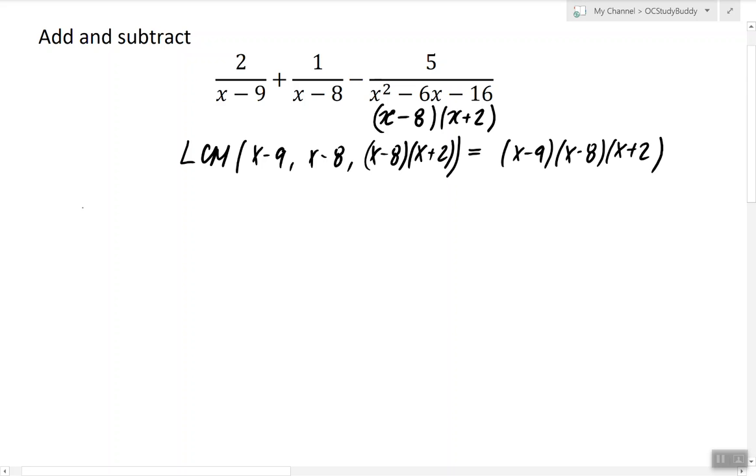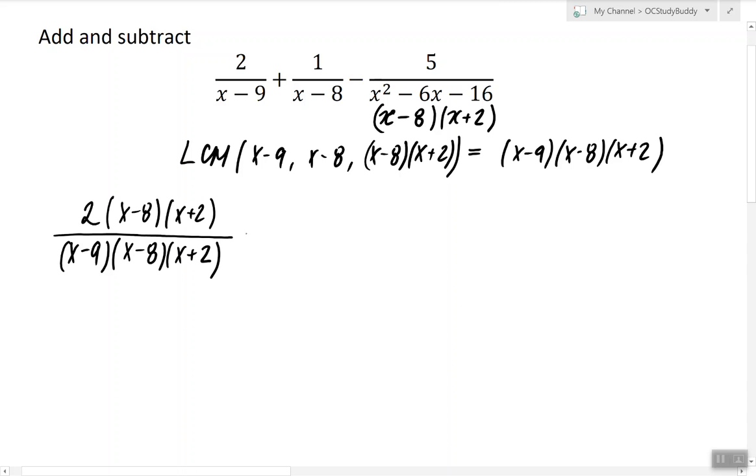So now I have to rewrite each of the fractions as an equivalent fraction with the required denominator. So if I want to have this fraction, this denominator, then I have to multiply both the numerator and denominator by x minus 8, x plus 2. So if I want this fraction to have this denominator, that means I have to multiply both the numerator and the denominator by x minus 9 and x plus 2.